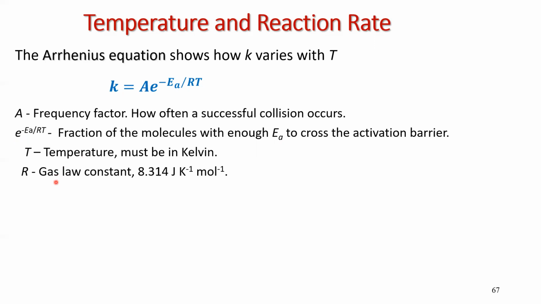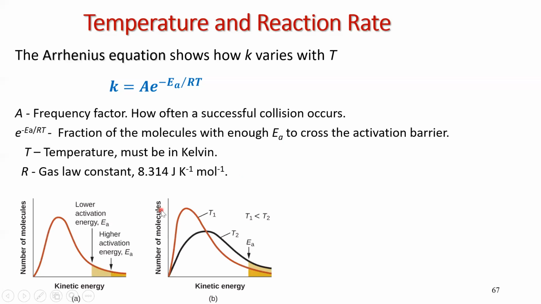In this case, because we're dealing with energies, our R value for these kinds of problems is 8.314 joules per mole Kelvin. So if the temperature were to go up, the effectiveness of the collisions increases because more particles have enough energy to actually react to produce product.